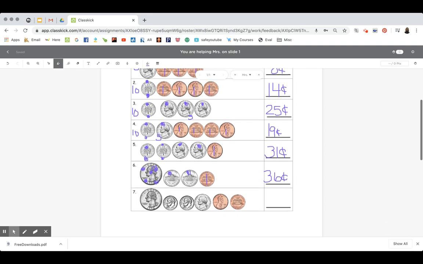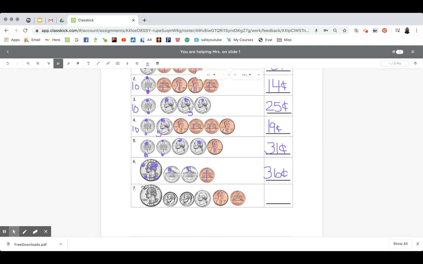Okay, one more. We first have this great big quarter. So I will put 5 dots on the quarter because remember that is worth 25 cents. The next two we have are dimes, and the dimes are each worth 10. So I'll put a 10 for this one, a 10 for this one. The thick nickel is 5, and then we have our 2 pennies at the end.